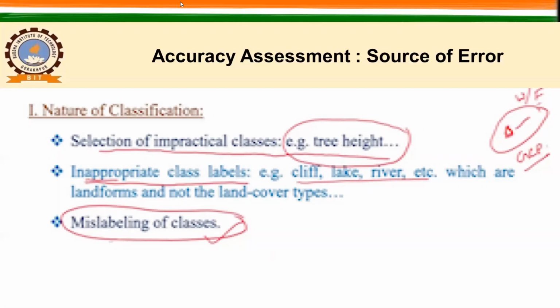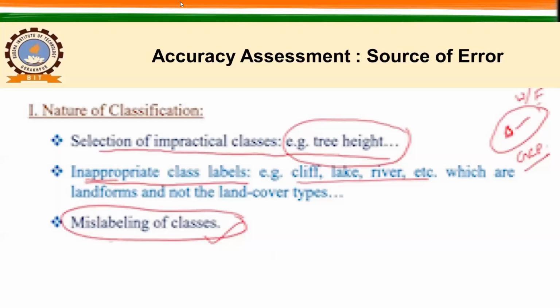So this is very important to label the classes appropriately, because you will be using the same nomenclature in the whole classification, and subsequently you will be able to compare with the earlier result. So in this case, inappropriate class labeling will introduce error in your classification. Then there is the mislabeling of the classes.